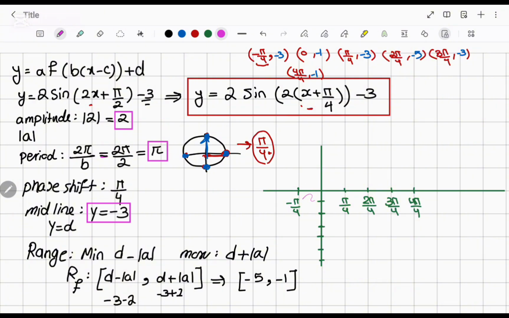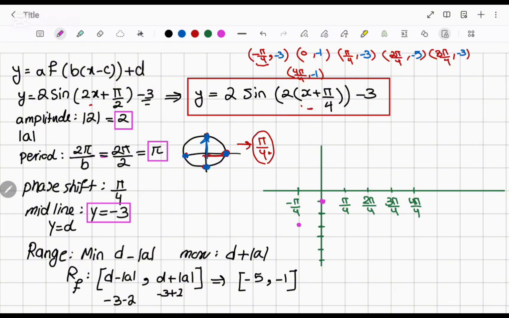So the first point is negative pi over 4 and negative 3, which is here. Bear with me. The next one is 0 and negative 1, which is here.